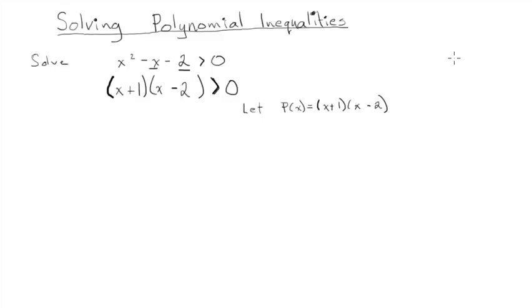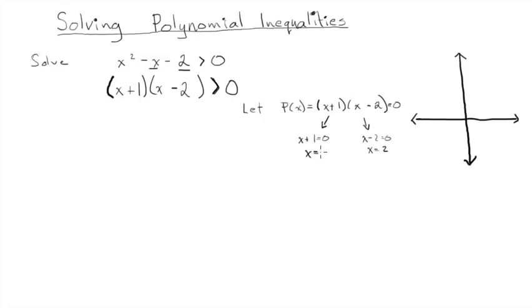Just to do a very quick sketch of what that graph looks like, we know it's a quadratic, so it's a parabola. We'll have x-intercepts at -1. If we were to set this equal to 0, x plus 1 would equal 0 and x minus 2 would equal 0, meaning x would equal 2, and x would equal -1.